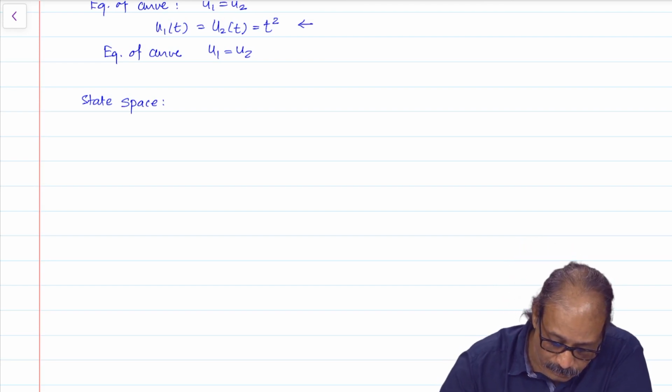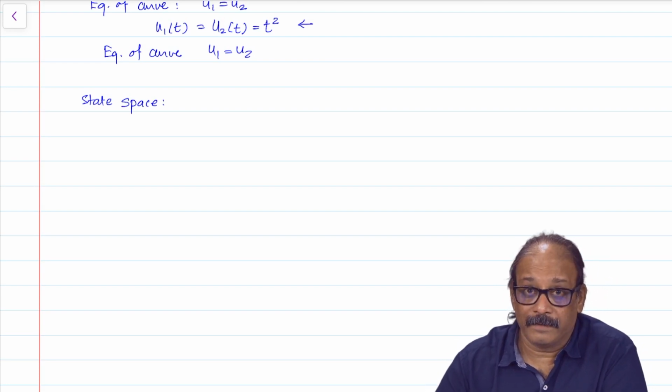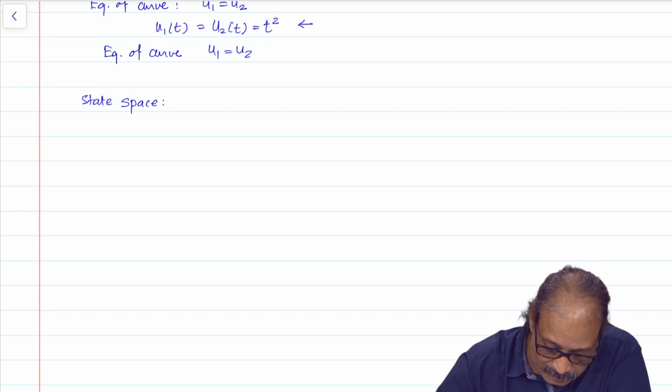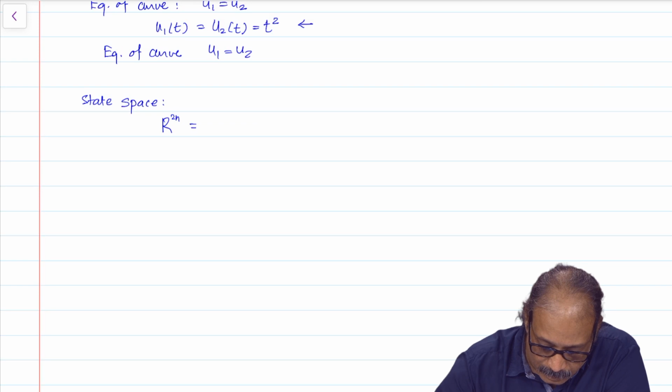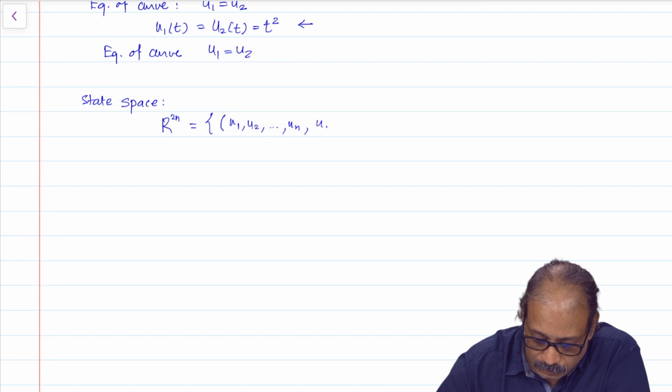So, now consider a 2n dimensional space, and I will call this R 2n, and this 2n dimensional space actually contains all the coordinates and also all the velocities u1 dot, u2 dot and so on.